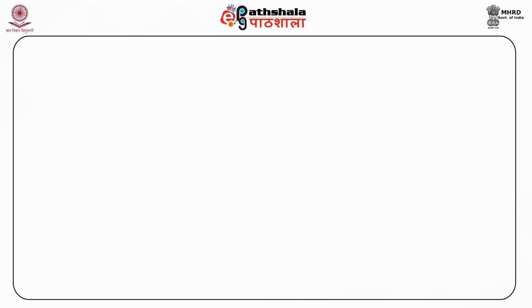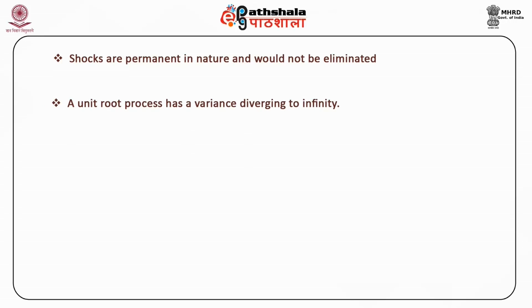Now let's learn more about the unit root process through its features. The characteristics of a unit root process are: firstly, shocks to a unit root process are permanent in nature and would not be eliminated even if the series taken into consideration is converted into a stationary series. Secondly, a unit root process has a variance which moves towards infinity.